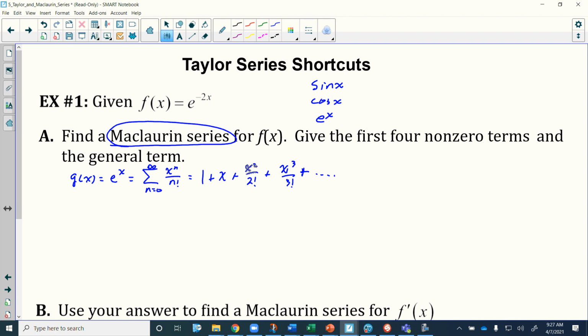The reason I'm going to stop at the third degree of the expansion is because we're asked to find the first four non-zero terms. So that will give us the first four non-zero terms.